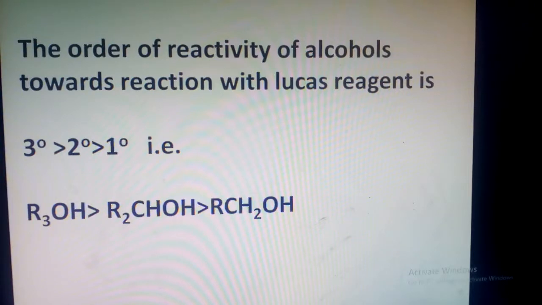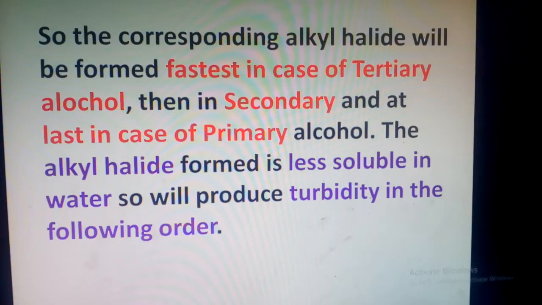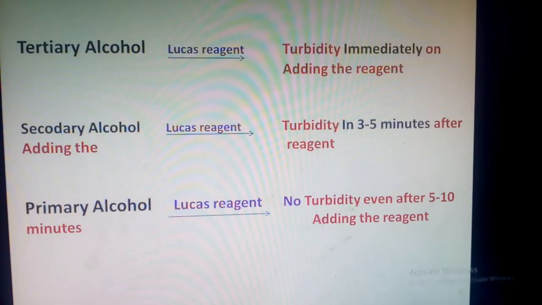So tertiary alcohol will give turbidity immediately as we mix it with the Lucas reagent. On the other hand, secondary alcohol will give turbidity in 3 to 5 minutes, and primary alcohol will not give turbidity even after 5 to 10 minutes.